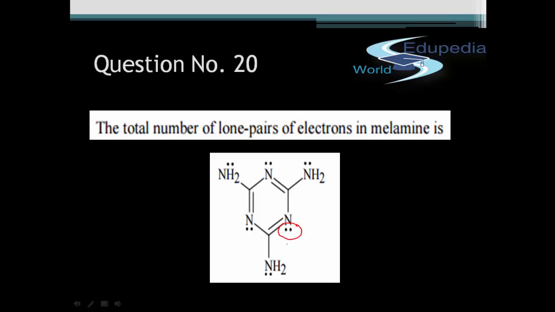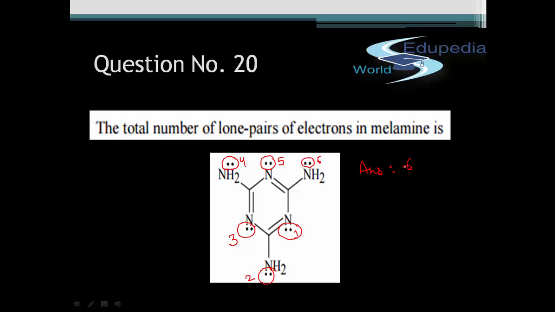This is the first lone pair, this is the second, the third, the fourth, the fifth, and the sixth lone pair. If you have read NCERT, you will know this structure and can easily count the lone pairs. So the correct answer for this question is 6.